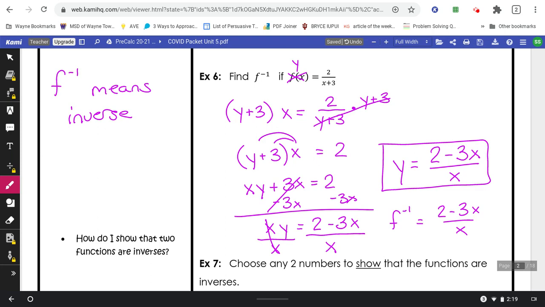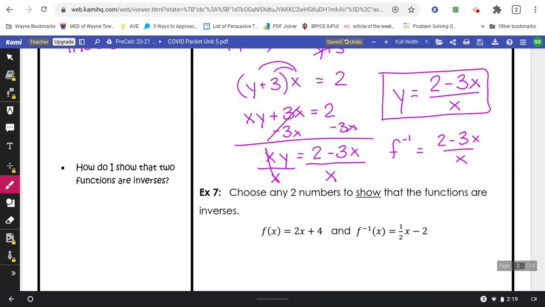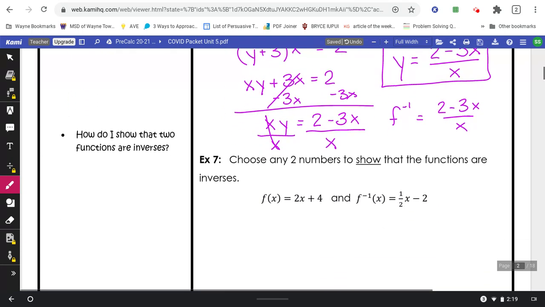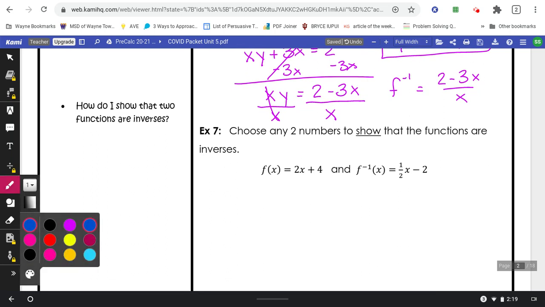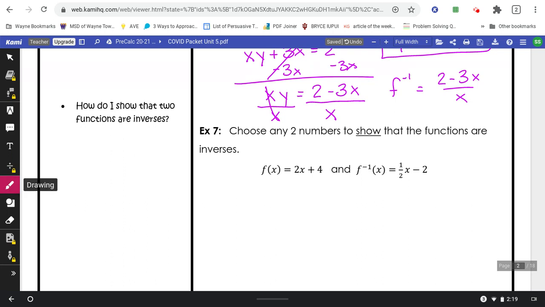All right, the last thing we're going to do is kind of just show what we did on that first page when we were talking about how to tell whether something is an inverse and what inverses do. So we're just going to plug in two numbers just to make sure that they kind of circulate back to themselves like we did at the beginning. So how do I show that two functions are inverses? We want to start by picking any number.